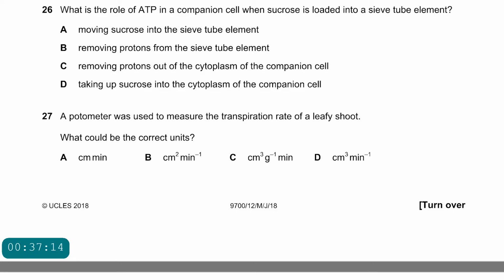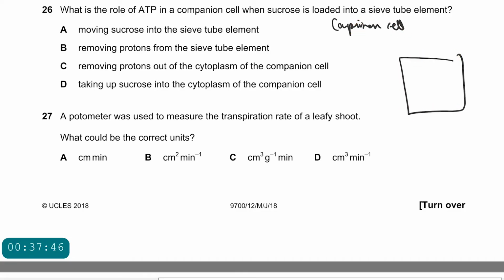Question number 6, what is the role of ATP in a companion cell when sucrose is loaded into a sieve tube element? Let's quickly describe the process of the loading of sucrose into a companion cell. First of all, the companion cell starts out by pumping H+ ions outside to its cell wall by proton pumps.